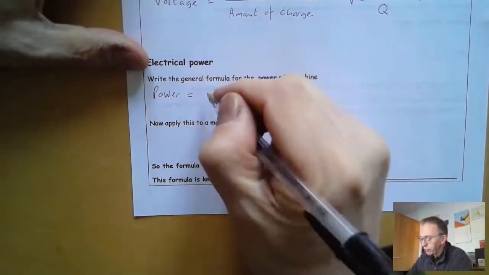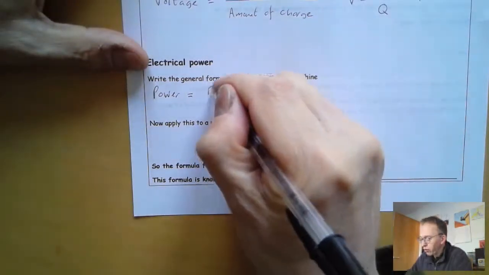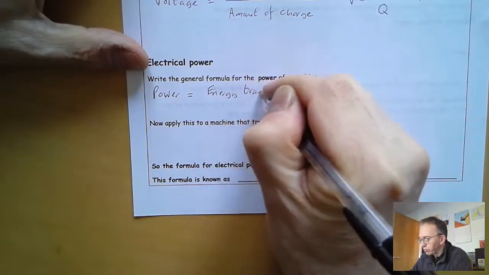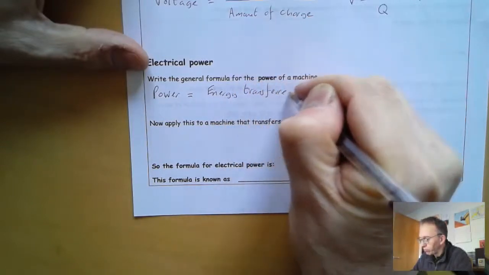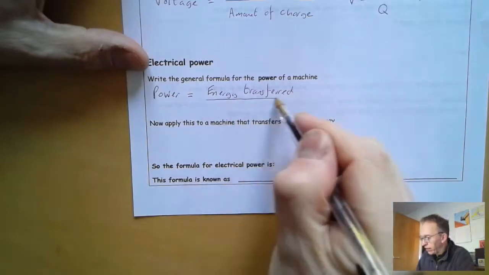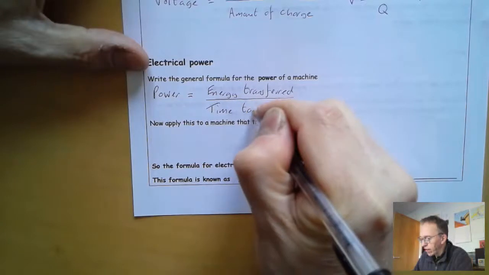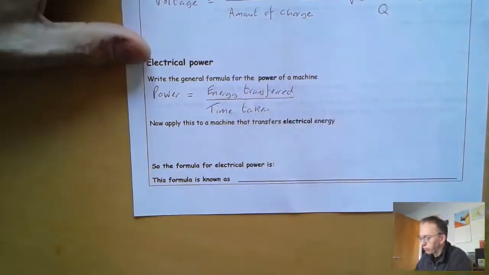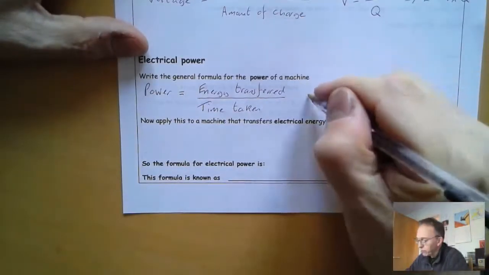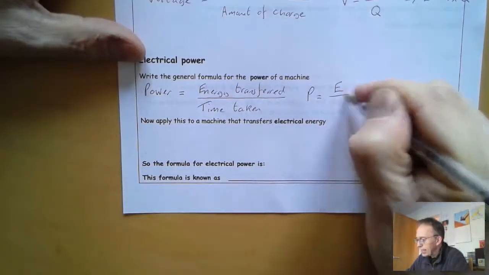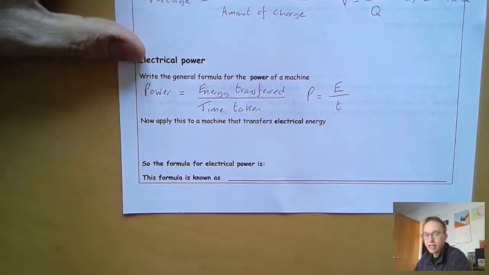So power is the work done or energy transferred divided by the time taken for that energy to be transferred. And in symbols, P for power is equal to W or E for energy transferred over T for time.